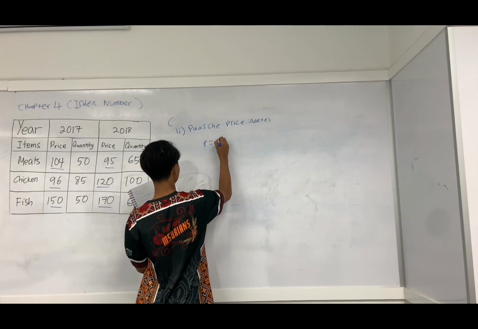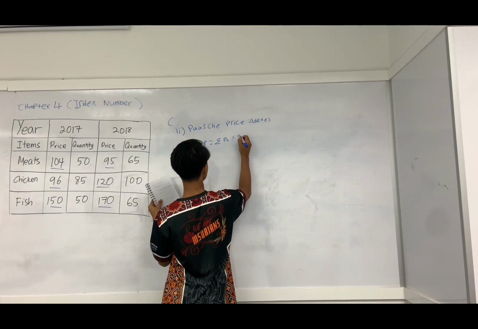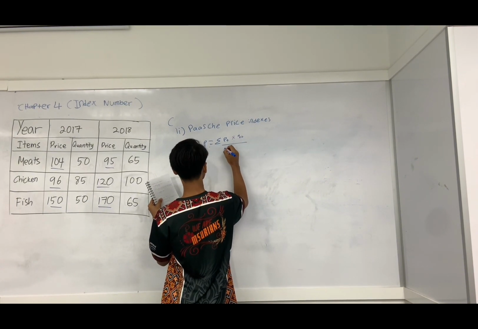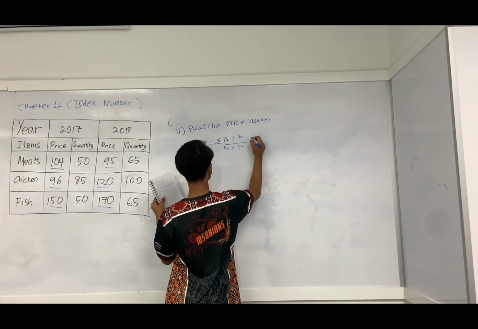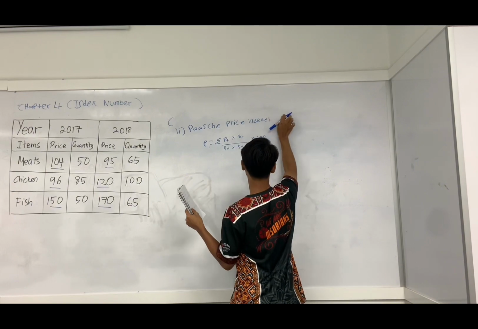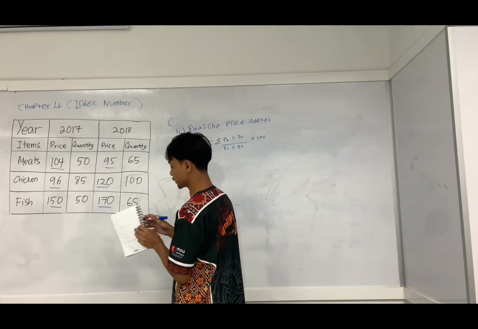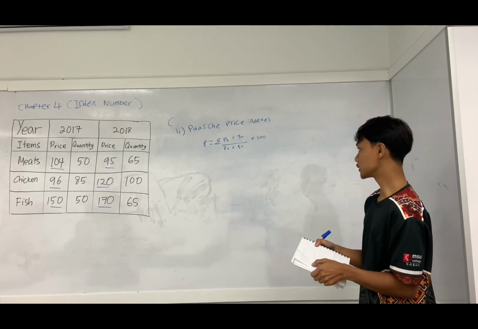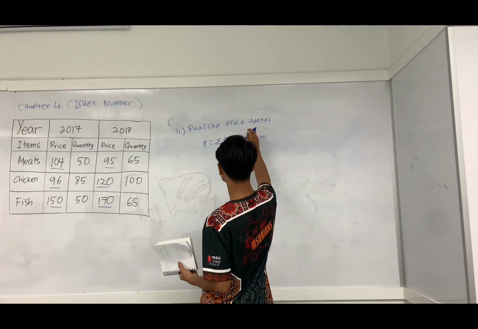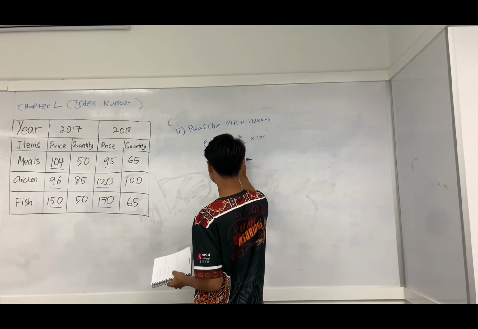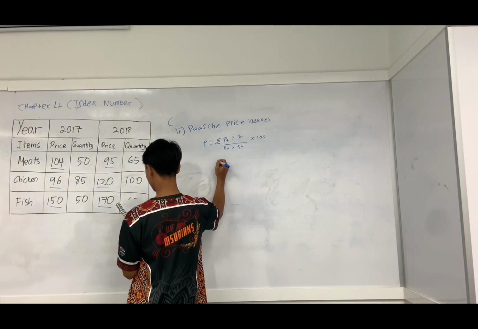P equals PT multiply QT over P0 multiply QT multiplied by 100. This is the same step as Laspeyres method, but the formula looks different. So we're going to the next step.